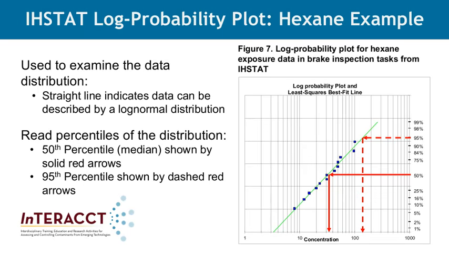The 95th percentile of the exposure distribution can be identified from this plot, as shown by the red dashed arrows. The 95th percentile is approximately 150 milligrams per cubic meter hexane. The 50th percentile of the distribution, or median, can be read from the plot by the solid red arrows and is approximately 35 milligrams per cubic meter hexane.